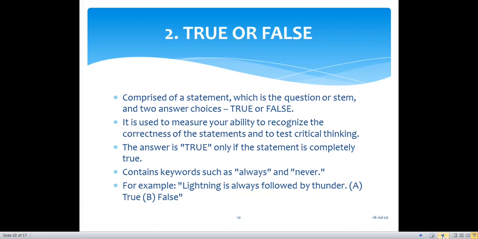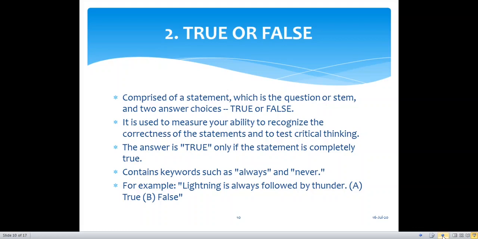The second question type is true or false. This comprises a statement, which is the question or stem, and two answer choices, true or false. It is used to measure your ability to recognize the correctness of the statements and to test critical thinking.